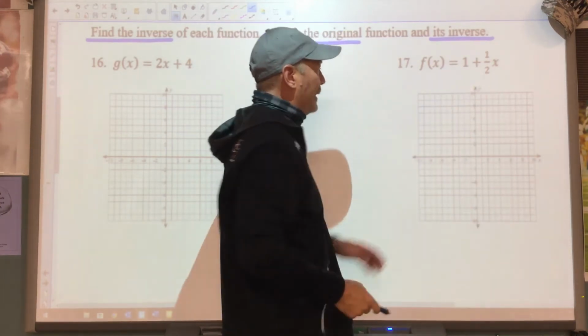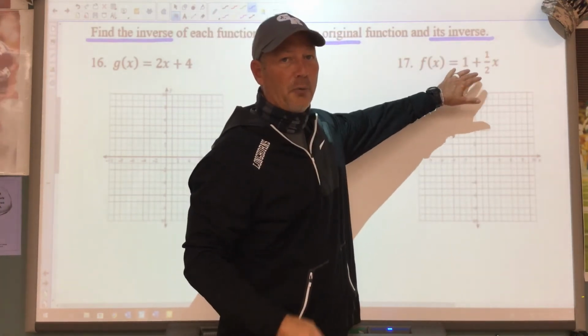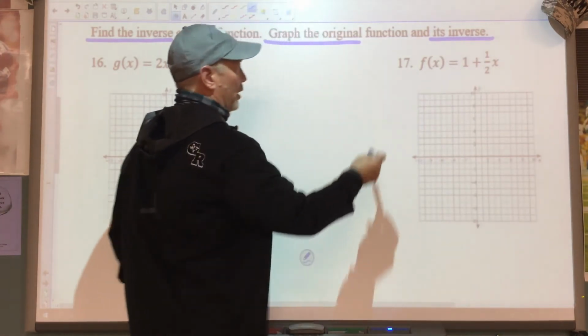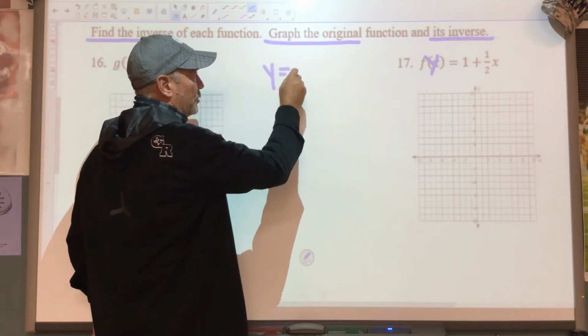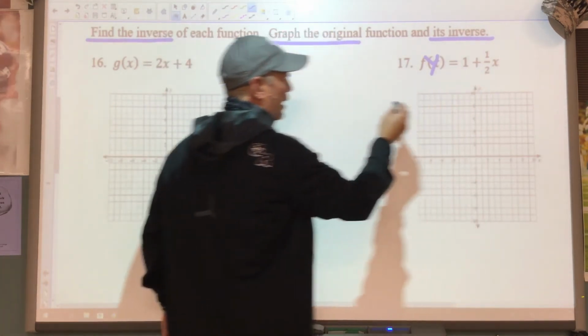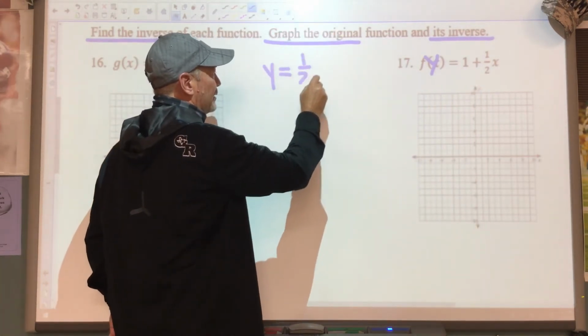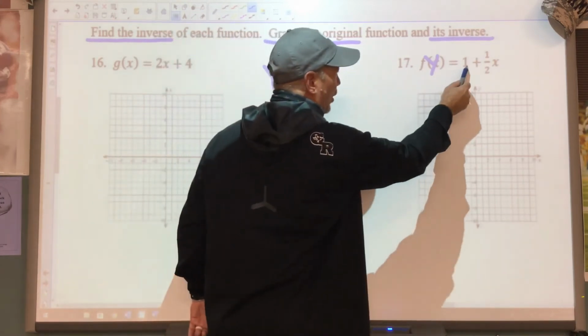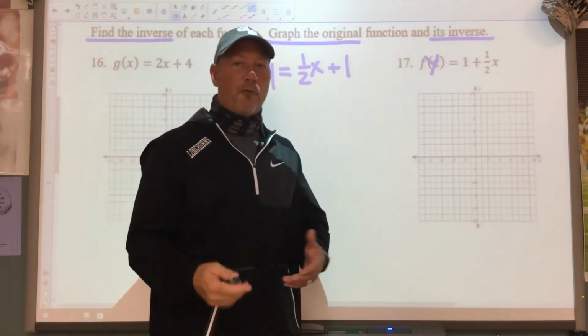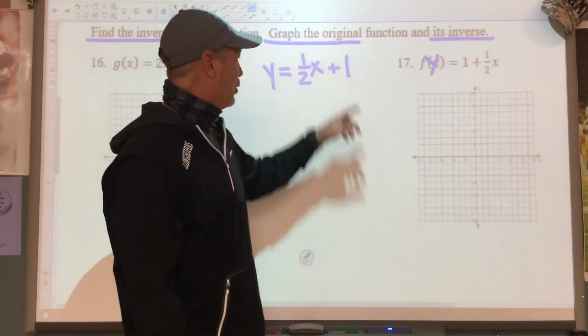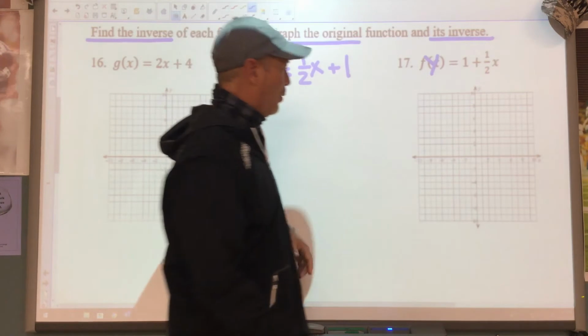If you want to rewrite this, let's rewrite this like we'd like to if we wanted to graph it. We're going to treat this as a y, and we're going to say that y equals, we're going to put this first, 1/2 x plus 1. That's slope-intercept form. That's what we'd like to see if we're going to graph. So we're going to start on the y-intercept at 1.